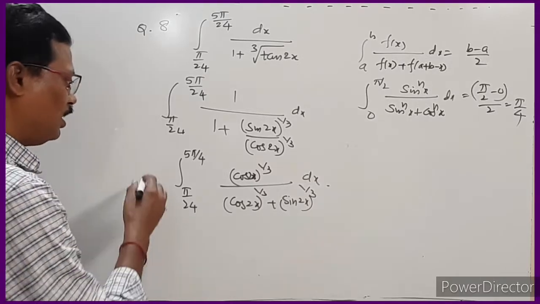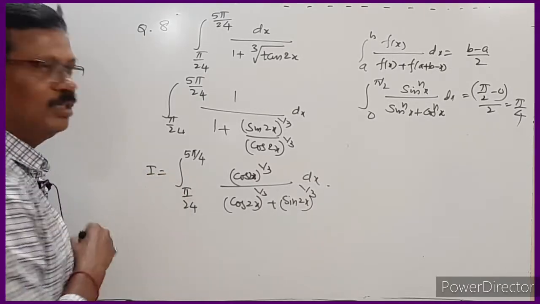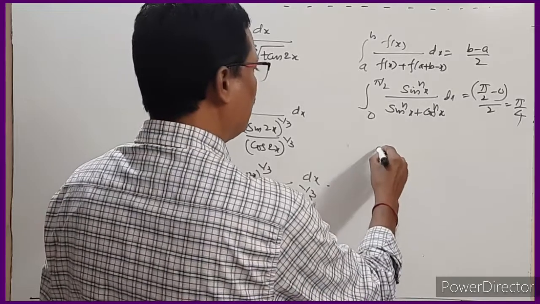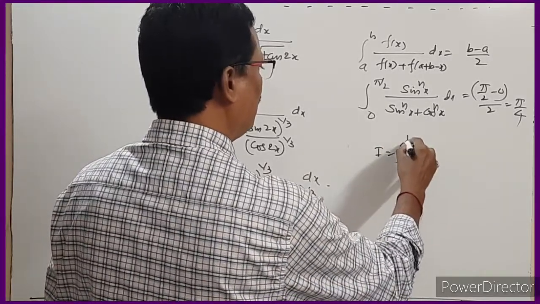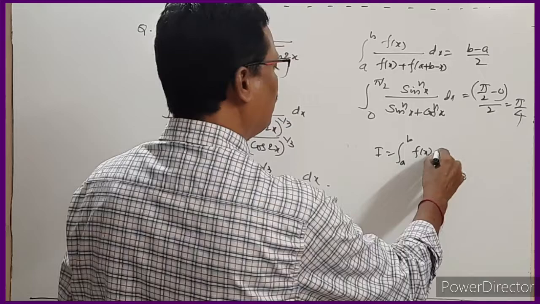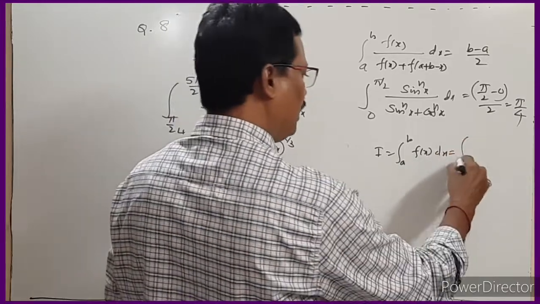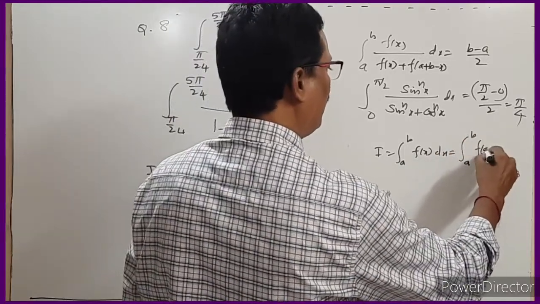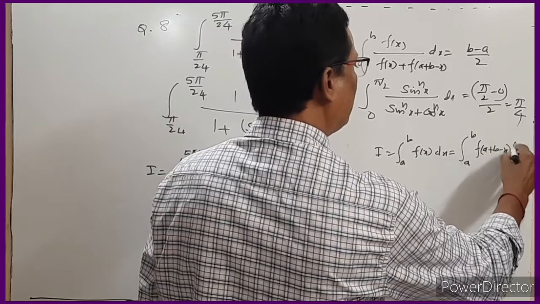Okay, and let us consider this as I, and apply this formula: integral a to b f(x) dx will be written as integral a to b f of a plus b minus x dx.